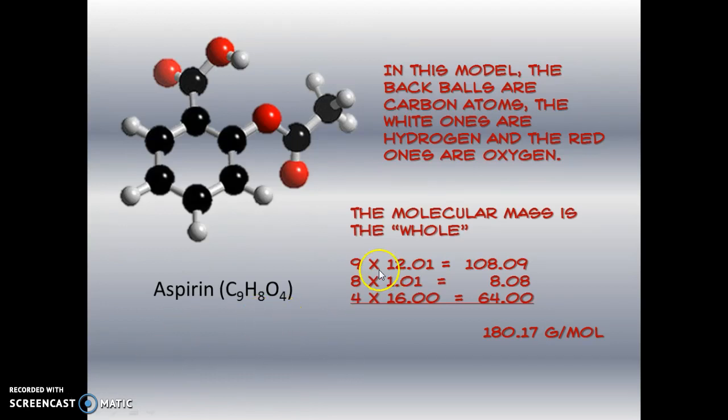Since there are 9 carbon atoms, you multiply by the 12.01, that gives you 108.09. 8 hydrogens times 1.01 gives you 8.08. And then 4 oxygen atoms times 16 apiece is 64. You add all those numbers up and you get a grand total of 180.17 grams per mole. So this becomes our whole. This is the overall molecular mass of this compound.